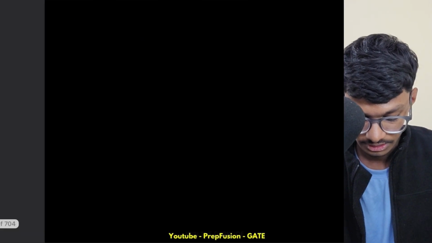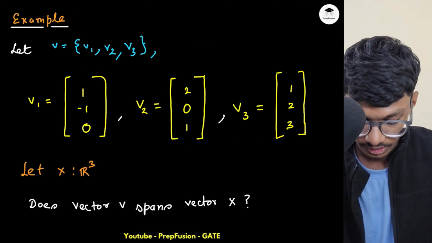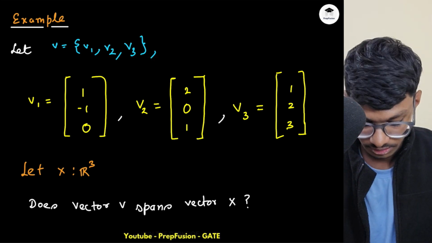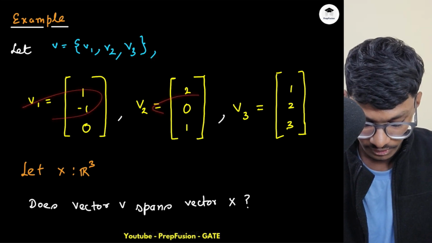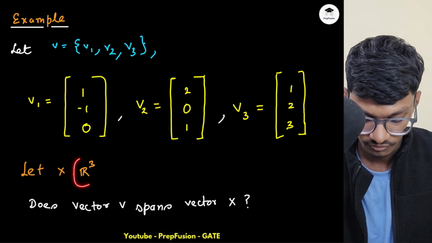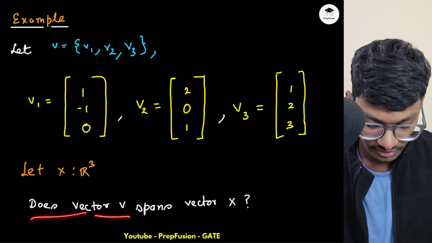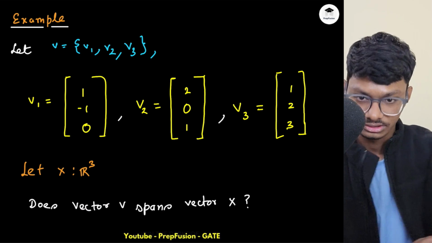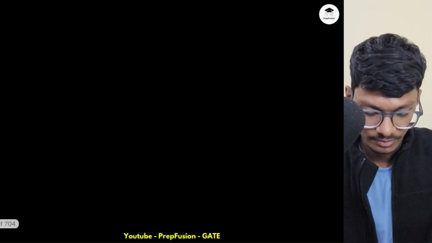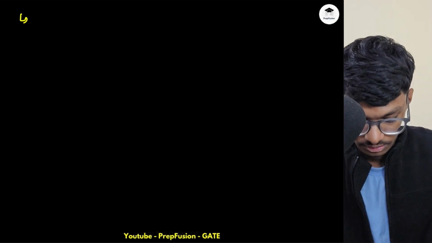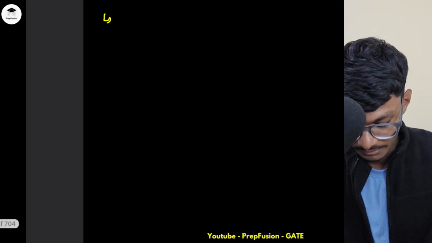So let's now solve this example over here. Again we have the vectors v1, v2, v3, and x is a vector space of 3 dimensions. Does vector v span vector x? Again the same meaning, right? Does vector v span vector x? That means a linear combination, again the same thing.